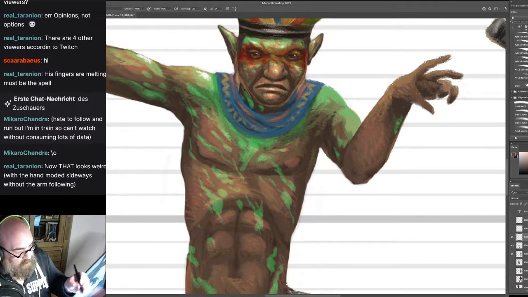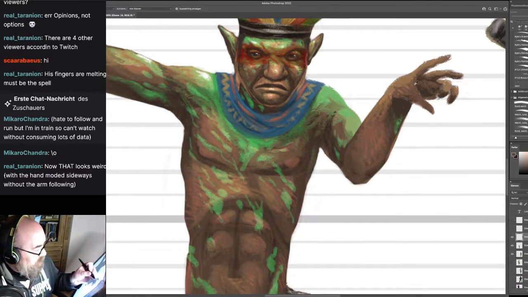One of the problems is also that I'm working with a brush that needs some kind of minimal size to work.